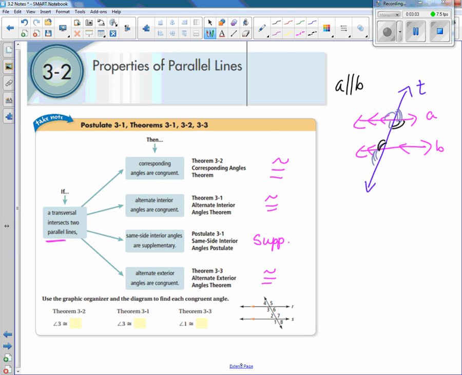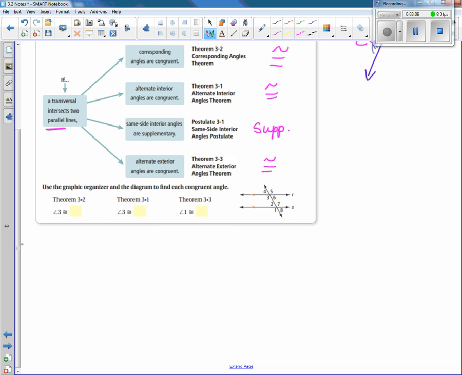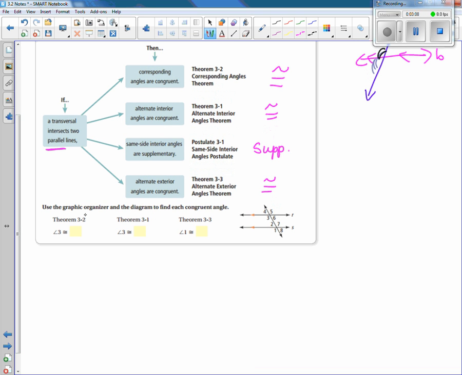So if we look at our diagram here, at the bottom it asks us, according to theorem 3.2, angle 3 is congruent to what other angle? Well, let's look up here at theorem 3.2. Okay, theorem 3.2 is our corresponding angle theorem, and 3.2 suggests that if the lines are parallel, then corresponding angles are congruent.